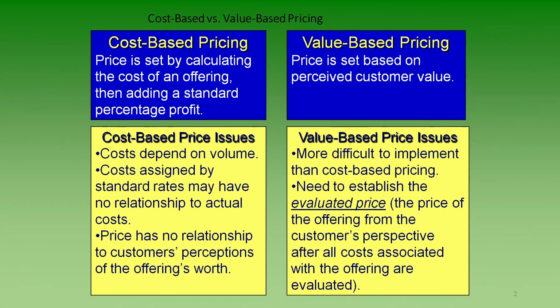Costs assigned by standard rates may have no relationship to the actual cost, because there are several aspects about costs which are not captured by the standard costing method. Some of these we have discussed in the past, but we are again emphasizing it here.